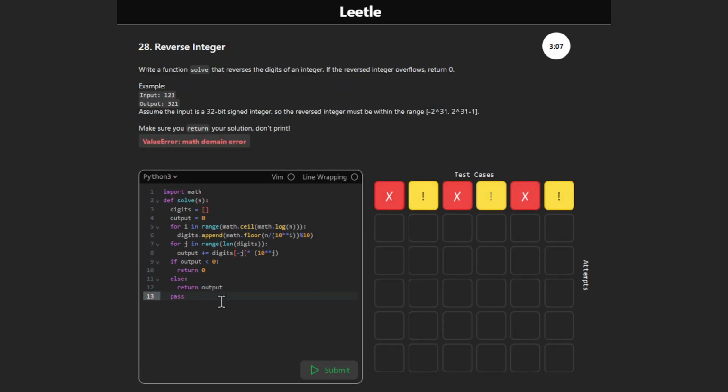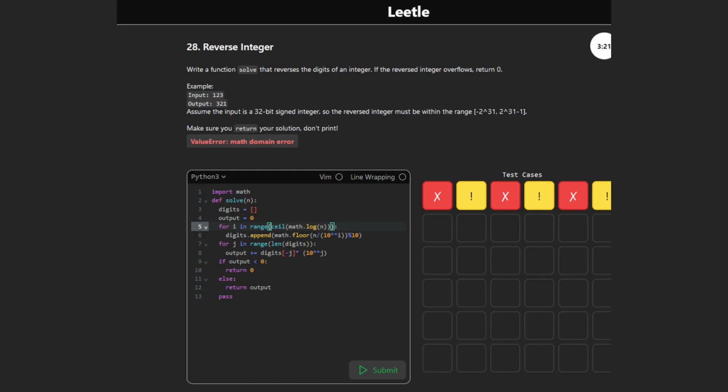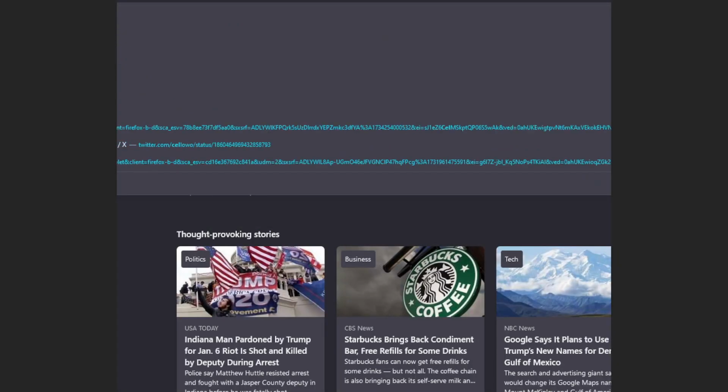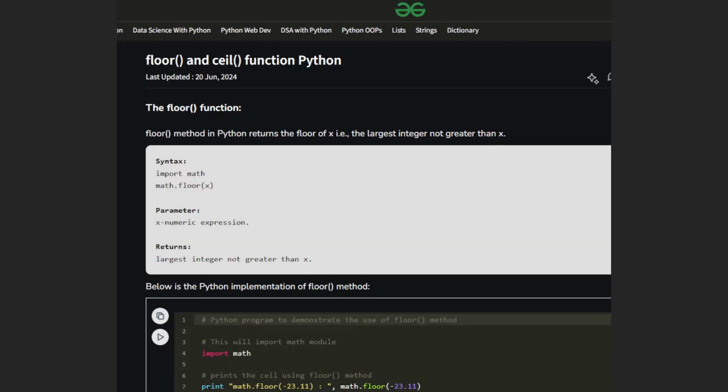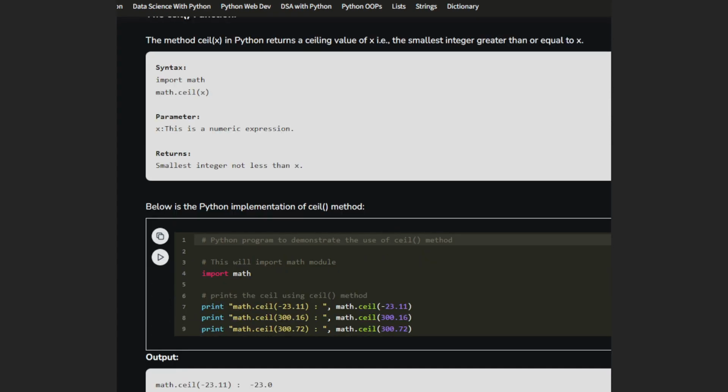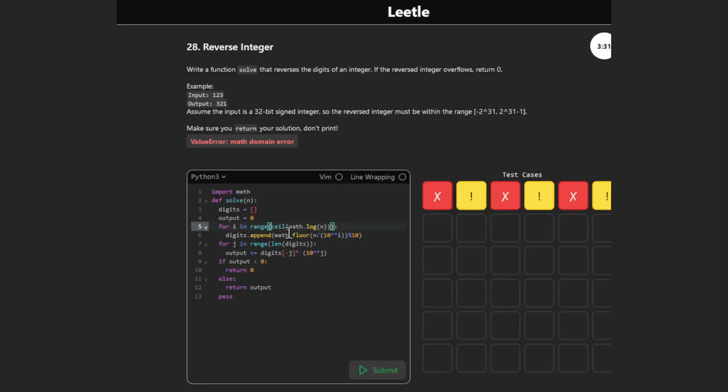Math domain error. Uh-oh. Is it just ceil? Does Python have ceiling and floor baked in? No, it's math.floor, math.ceil, right? It is math.floor, math.ceil.